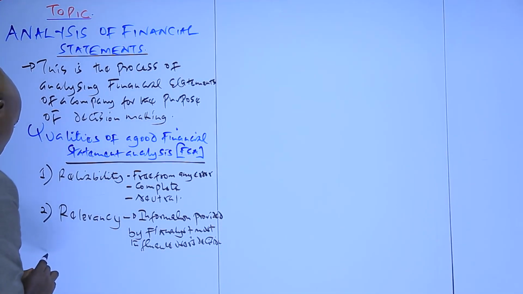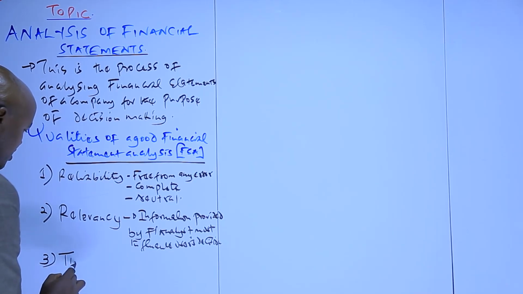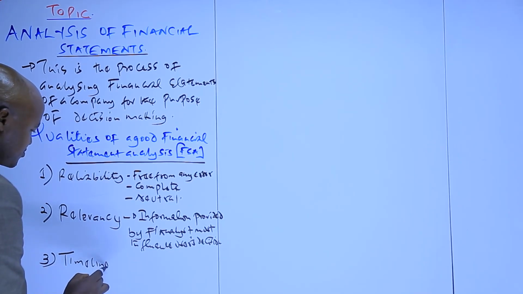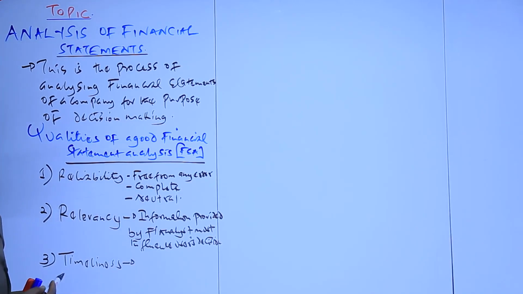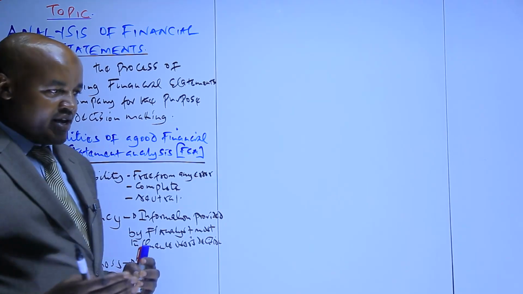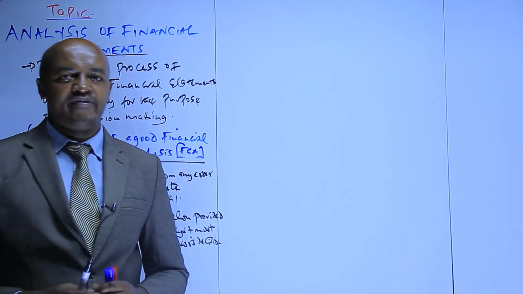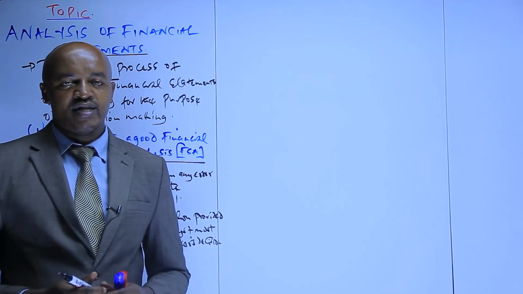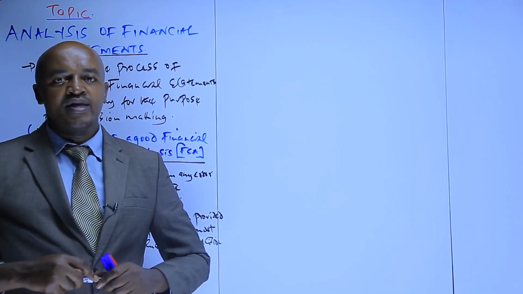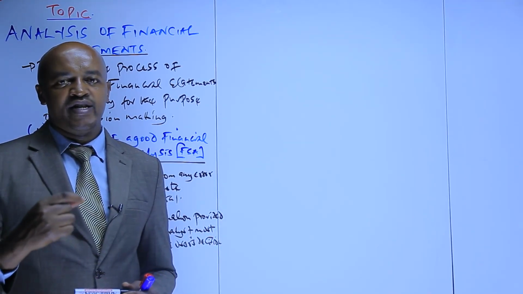So the other quality of a good financial statement analysis is timeliness. What do you mean by timeliness? It means that for any information which is provided by financial analysts to help the users in terms of making decisions, that particular information must be provided on time.